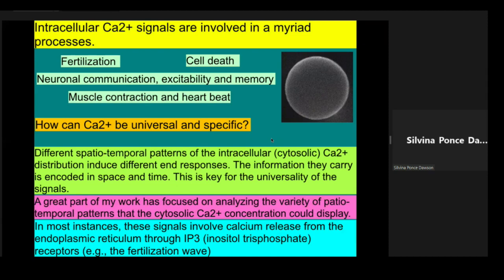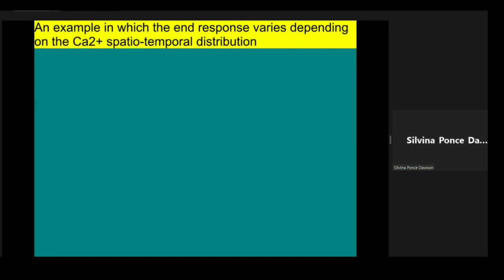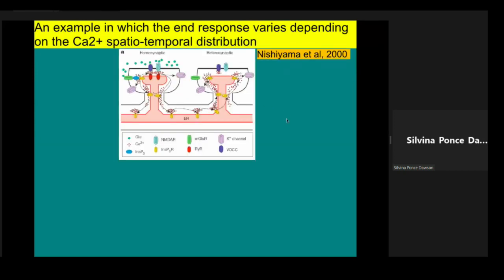And so a great part of the work we've been doing was on those aspects. And in particular, we looked at signals that involved calcium release from the endoplasmic reticulum through IP3 receptors, like in the case of the fertilization wave that I have there, that I'm going to talk a little bit more about afterwards. So this is an example of some type of signal in which the different spatiotemporal distributions of the intracellular calcium concentration yield different end responses.